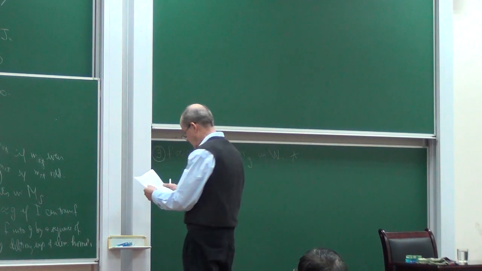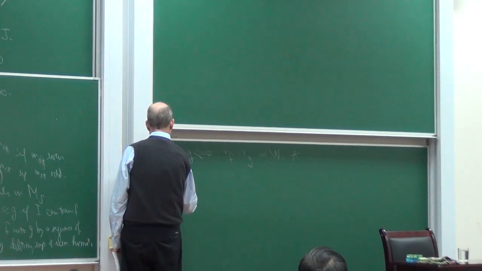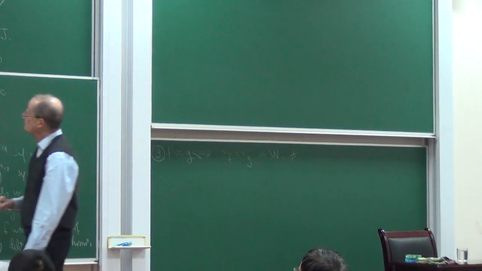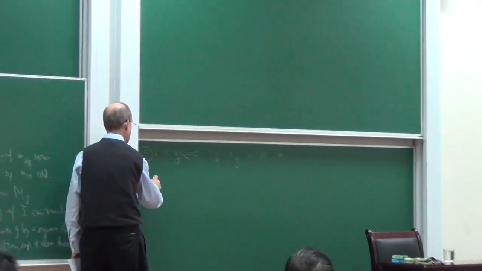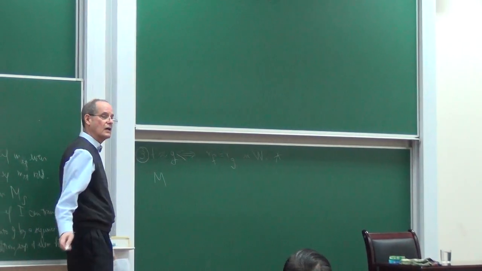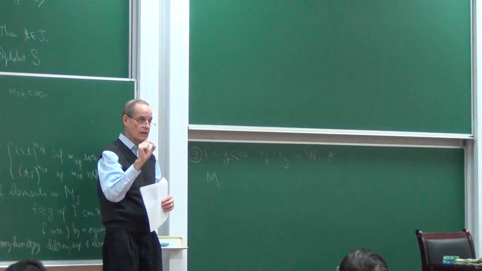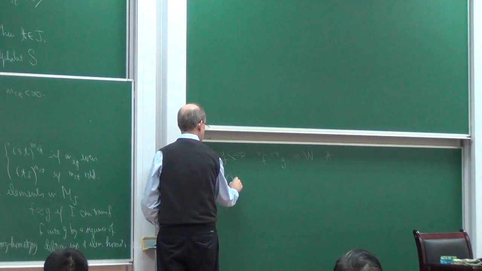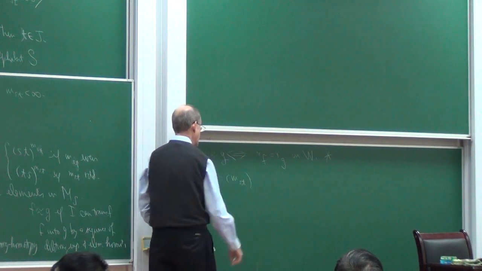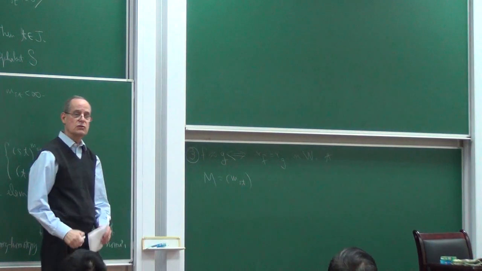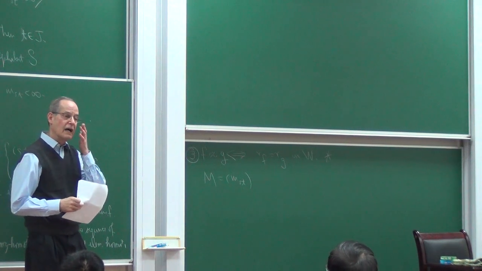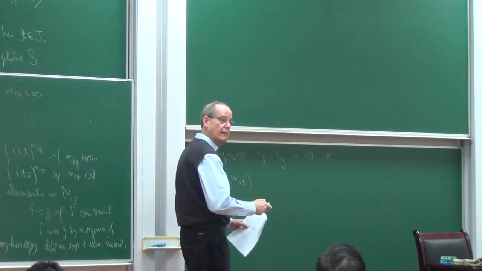So let me give a couple of examples. In order to talk about a Coxeter group, we have to start with the Coxeter matrix, this matrix M, which gives us these entries MST. And the Coxeter matrix is usually represented by a diagram, something called the Coxeter diagram.